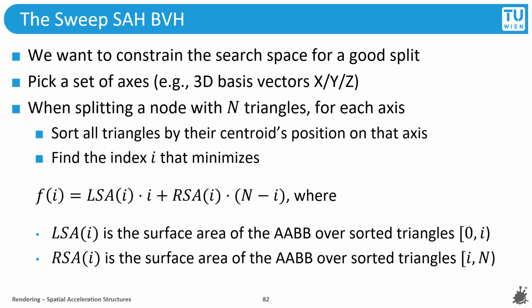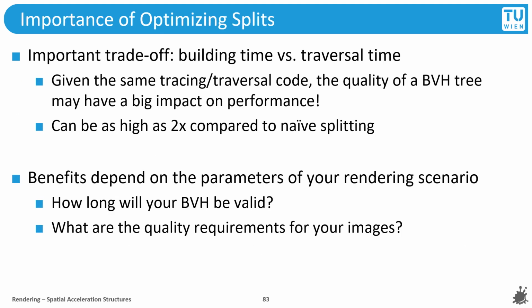Now, applying the SAH for each individual split is undoubtedly much more expensive in terms of computational effort than the other two methods that we saw before. And the question is why you should actually invest that much into the building time for your BVH.